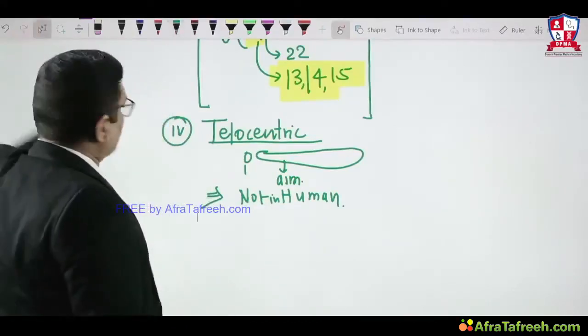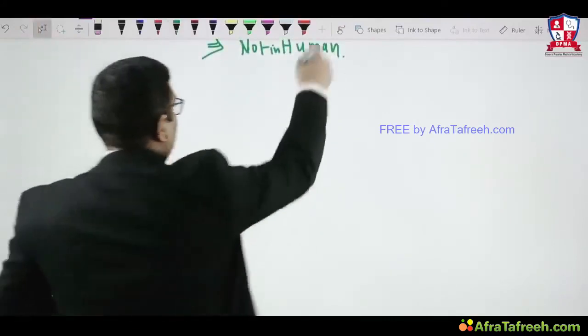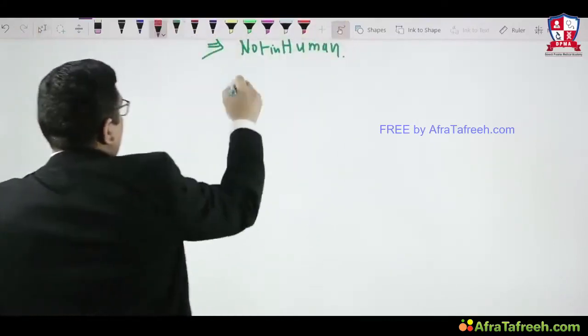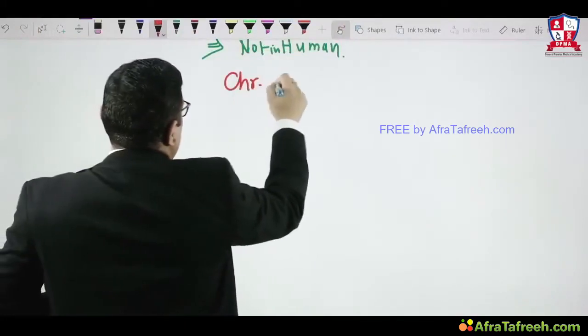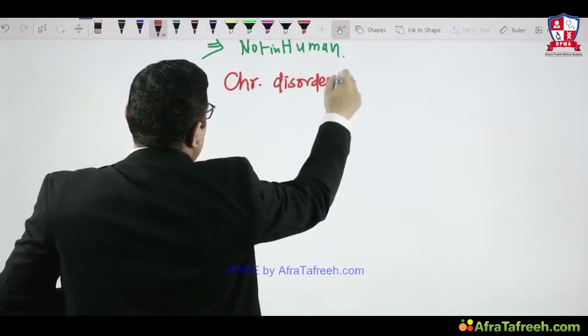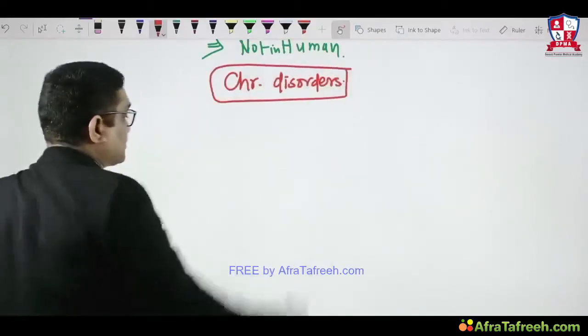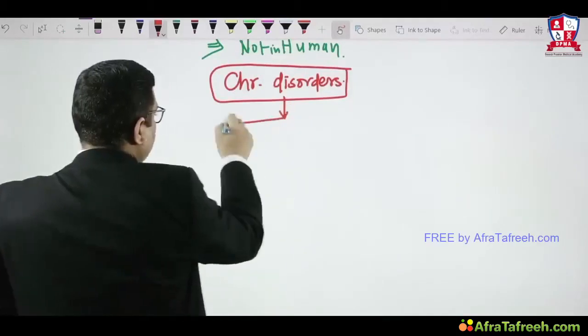Now we will see the chromosomal abnormalities, as we have discussed, right? So chromosomal disorders, we can divide them into two categories.